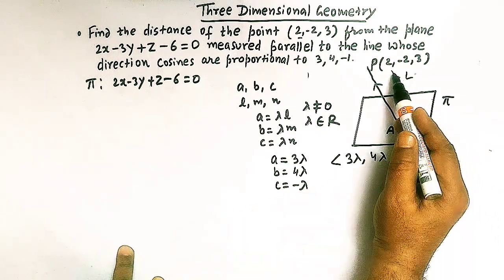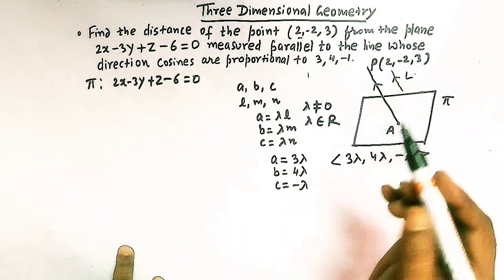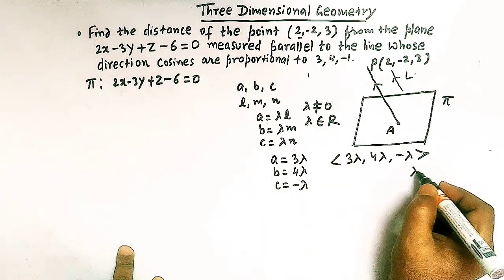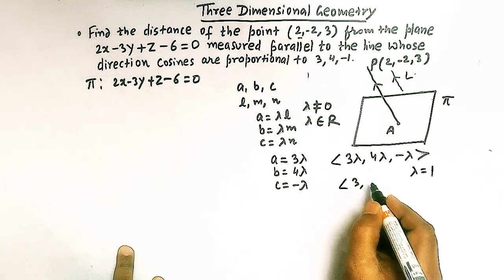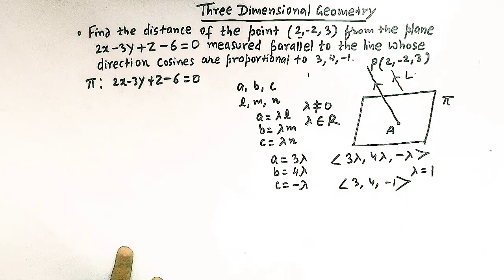So the direction ratios of this line L may be taken as, say, λ. If we take λ = 1, we have 3, 4, and -1.